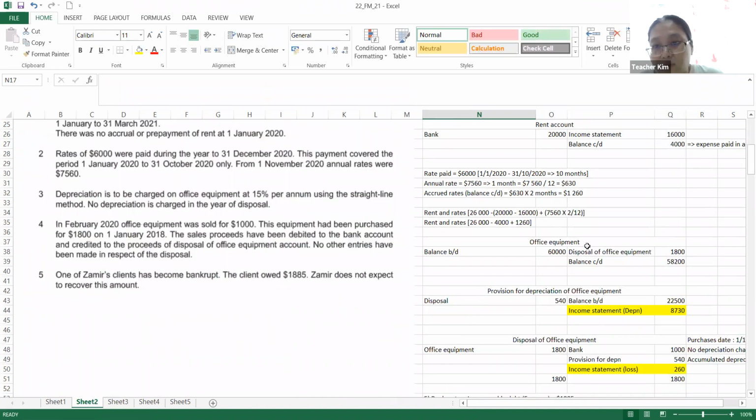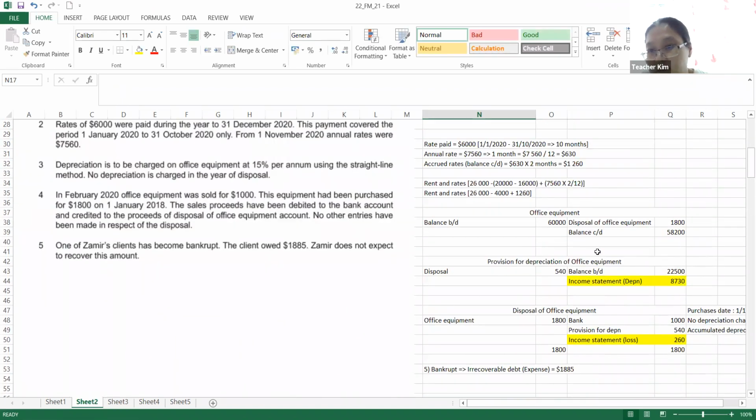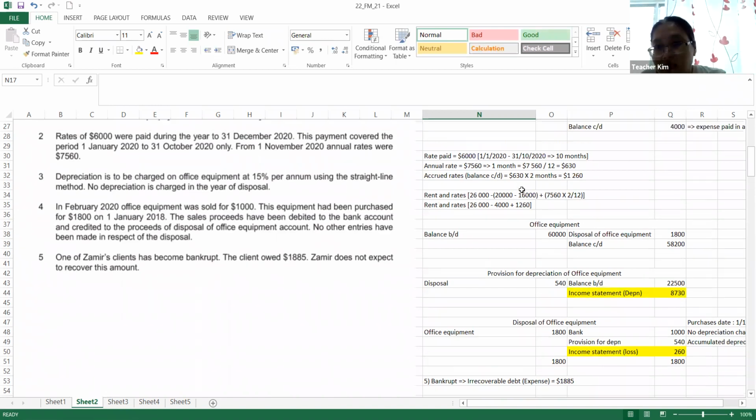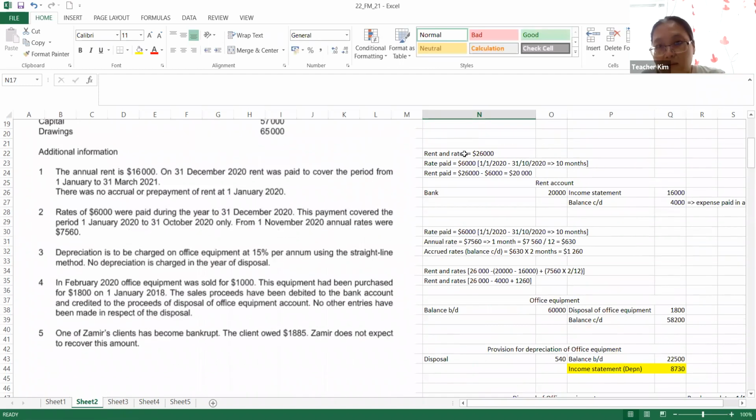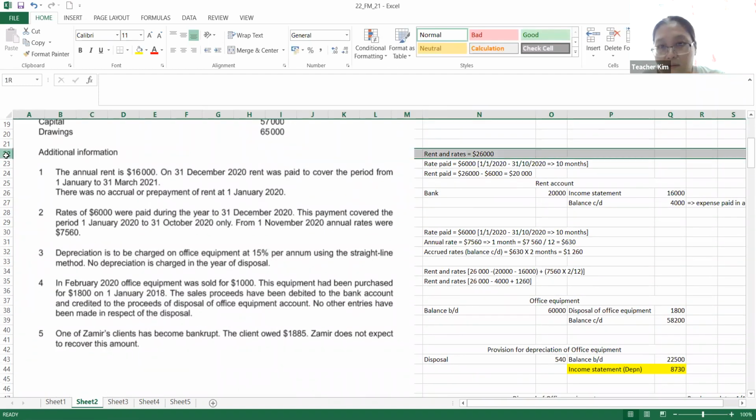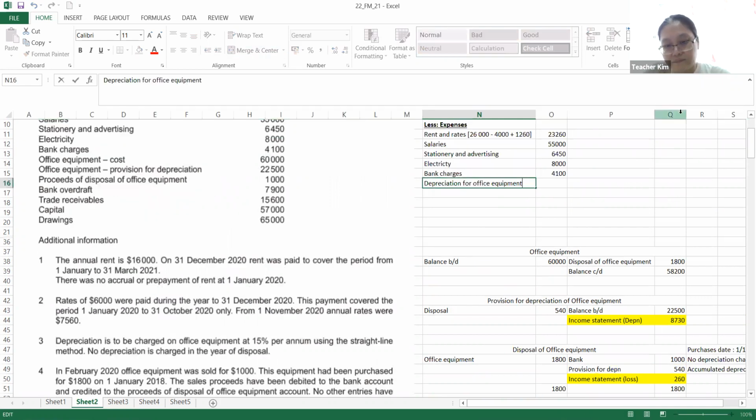Okay, our office equipment, here we already work it out. So what you got to do is show your working beside it. Take 60,000 minus 1,008 times 15%.